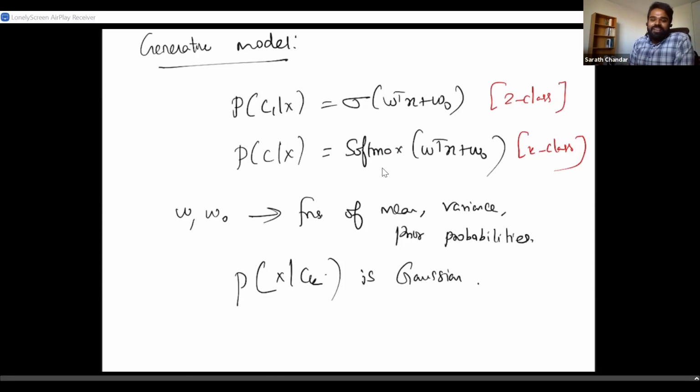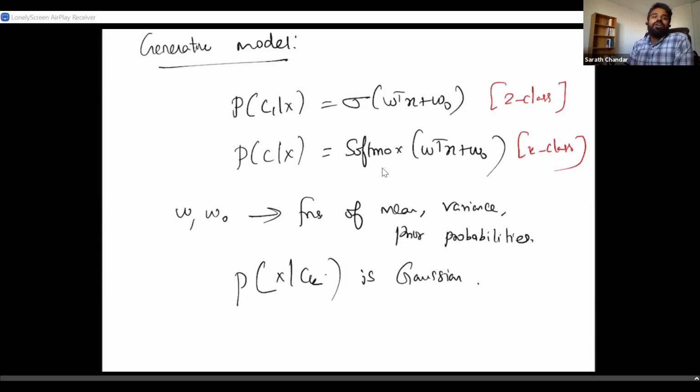Gaussian is a decent assumption, but it is not going to be true in many applications. Also, the moment you start changing your assumption to some other distribution, you have to do the entire derivation again to come up with W and W0. So this is going to be a tedious process.